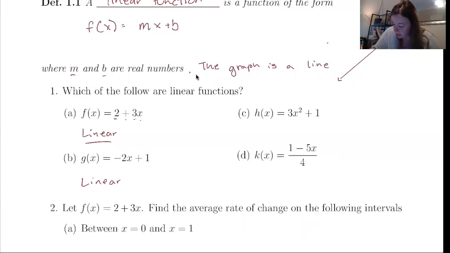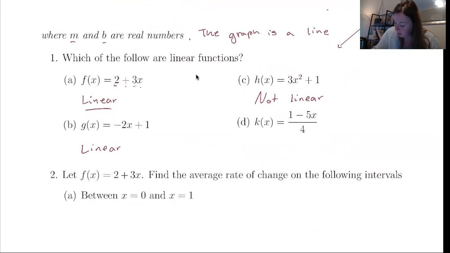Let's look at c. 3x squared plus 1. Do we think that's linear? This one is not linear. If x is raised to any power higher than 1, it's not linear. What about k? I now have a fraction going on. But x is just still in the numerator. It's still raised to the first power.